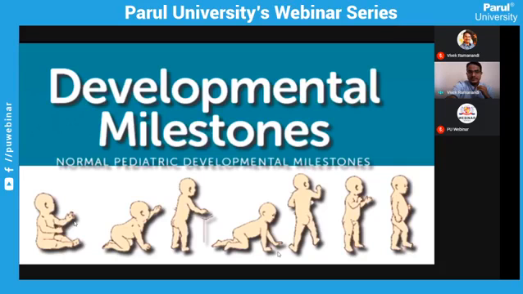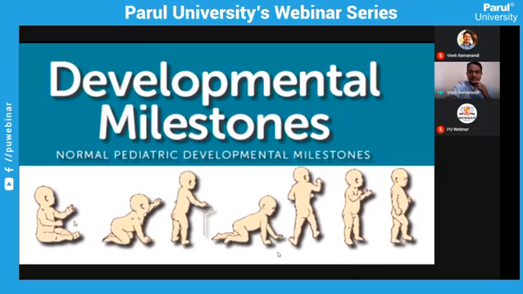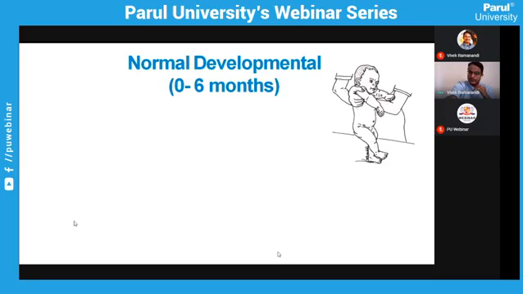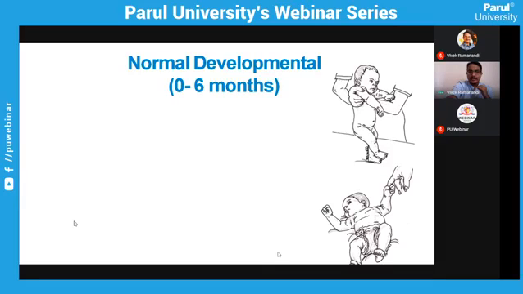As we said, we will go briefly through the developmental milestones. First, during 0 to 6 months, from birth to 6 months, the child passes through various stages such as supported standing and automatic stepping reaction, grasp reflex, and supported sitting, where the child can focus for a short period on an object which is auditory or visually attractive.